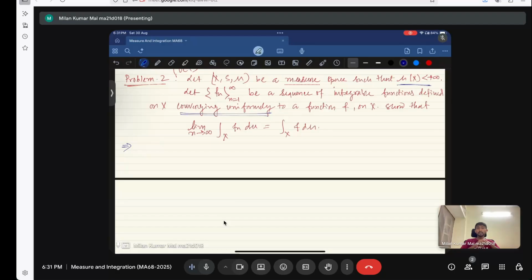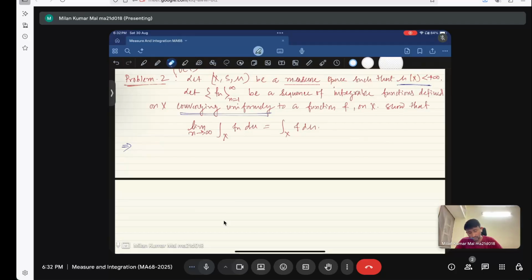But we have also dropped one more condition: if I want to use the dominated convergence theorem, then there should exist a g such that mod of f_n(x) is bounded by g(x) for all x belonging to X, and g has to be integrable. That condition is not here. And the monotonicity of the monotone convergence theorem we are not assuming here. So we dropped some conditions but also assumed some more.